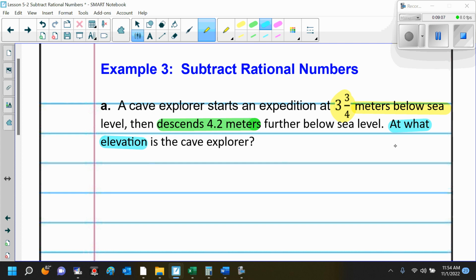Okay, so we are subtracting. We said that this first number is going to be a negative 3 3/4. We're subtracting 4.2 meters.